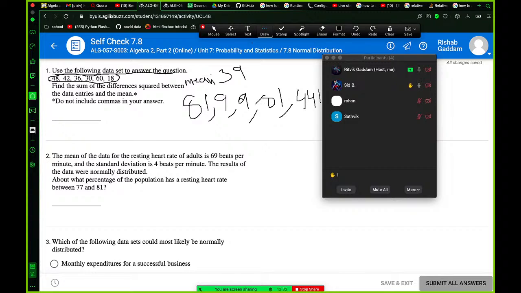And after that is also 441. So this one is not 81, this is just 441. I see.